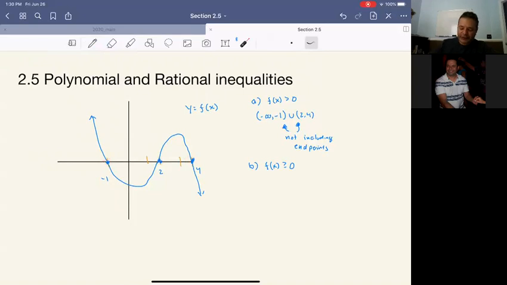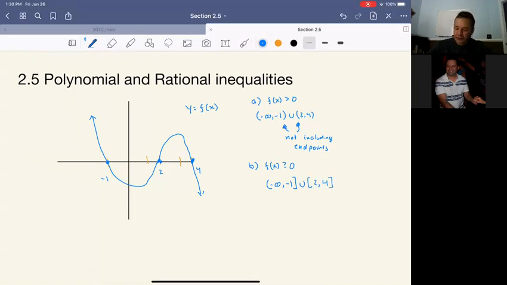So how do we include the endpoints? We make those brackets. So never include infinity or -infinity. -1 with a good solid square bracket there. And then from 2 to 4 with a square bracket.